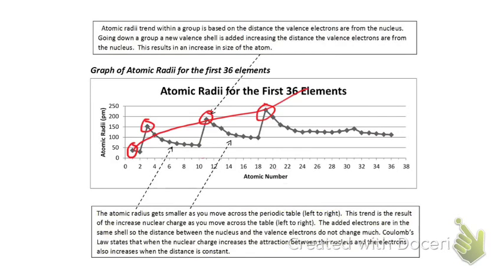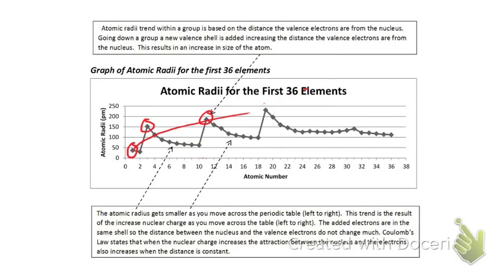The general trend is that the radius is getting larger as we move down a group in the periodic table. So in other words, hydrogen has a smaller radius than lithium. Lithium has a smaller radius than sodium. Sodium has a smaller radius than potassium. Potassium has a smaller radius than rubidium, as we can see in group 1.